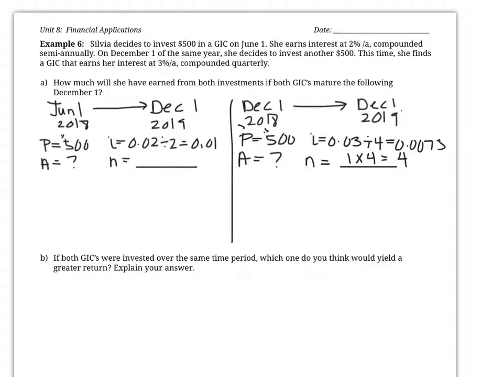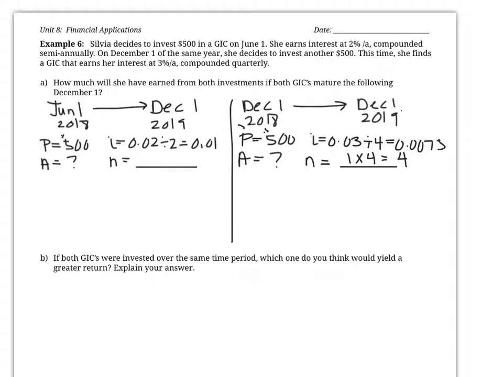For our first example here, our N is a little bit trickier, but we can figure it out. The number of months between June 1st and December 1st of the next year is 18 months. A couple ways we can do that. If it's compounded semi-annually, that means every 6 months. So how many 6-month periods are between here and here? And that answer is 3.